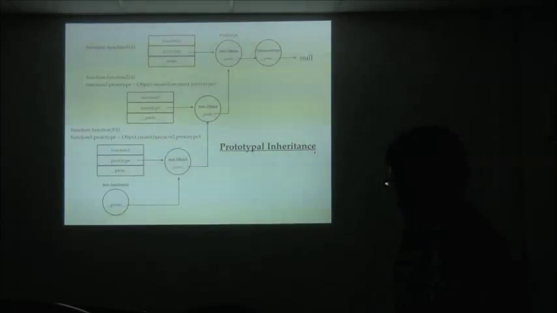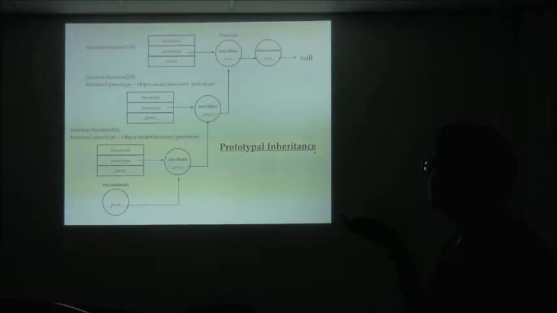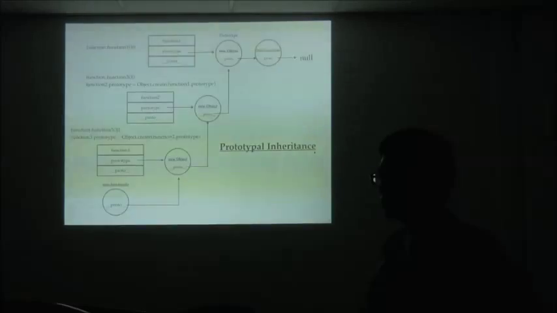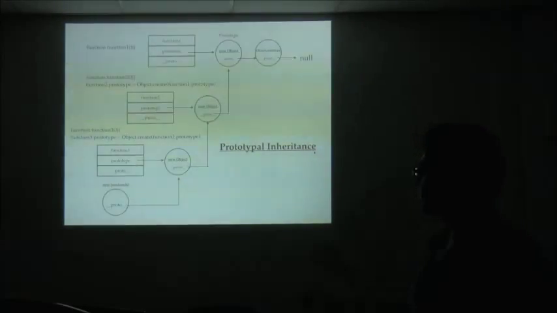This is what we call prototypal inheritance, because we are dealing with prototype objects here and not instances of any class or any function. It's all with prototype objects, and it's all thanks to this proto property of every object. Some might consider this the proto chain, or the prototypal chain; it goes by some names.